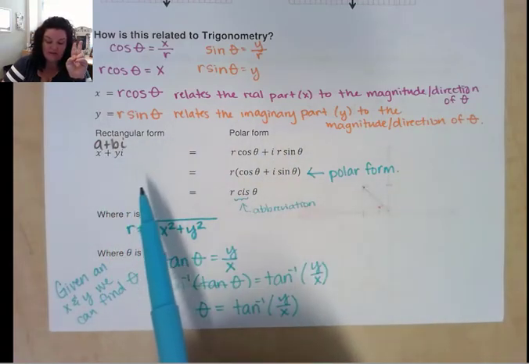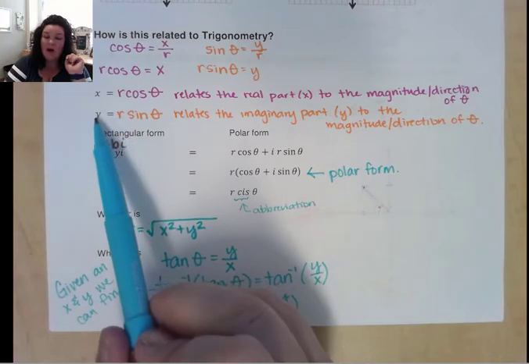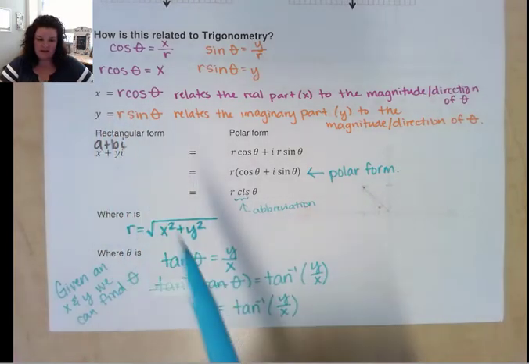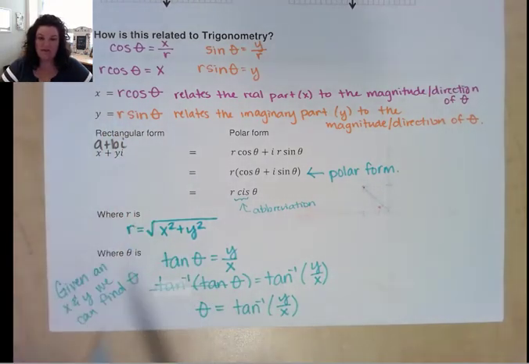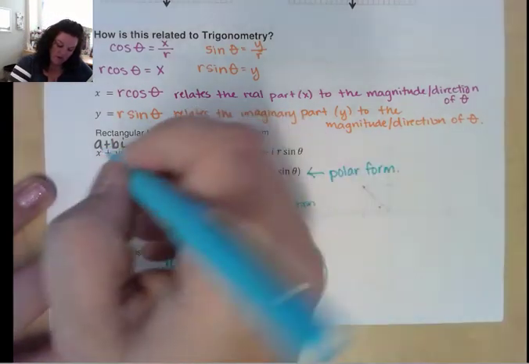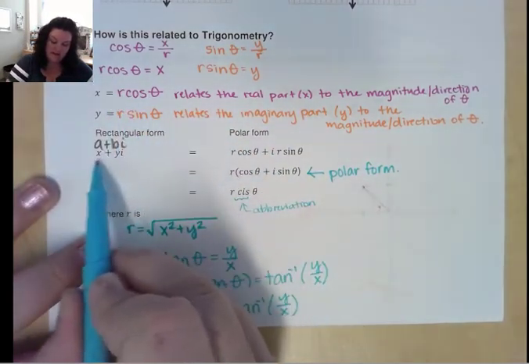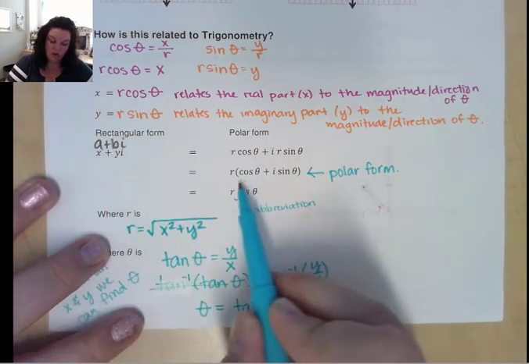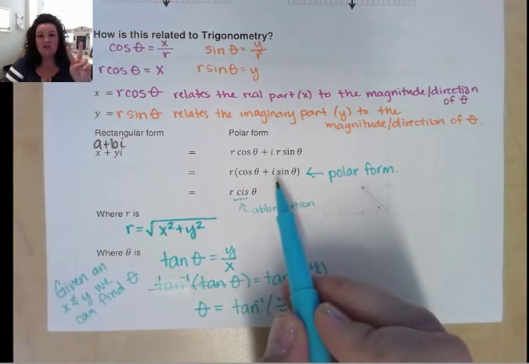If I happen to know what x and y are, then I can figure out what r and theta are. So I should be able to go from rectangular form to polar form by just knowing two things.